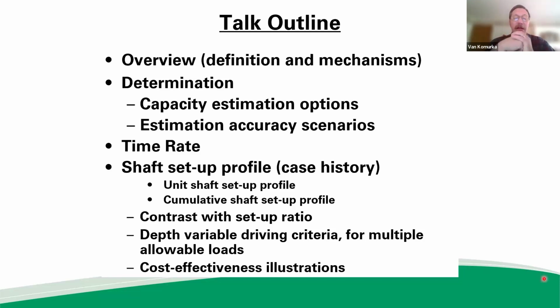And then we'll present a couple of case histories where we talk about shaft setup profile, and we'll see what that is, both in terms of unit shaft setup and cumulative shaft setup. We'll contrast that characterization of setup with setup ratio, which is what I think most people would probably be familiar with and maybe use or talk about in their own practice.